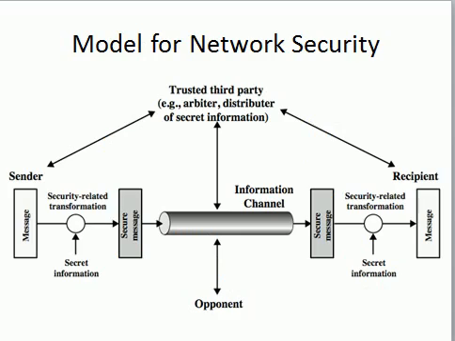Now, the model for security. If you look into the diagram, the message has to be safely transmitted from the sender to the receiver via an unsecured channel. So, the message is transformed with the help of secret information into a secured message, and the secured message is transmitted via the channel.